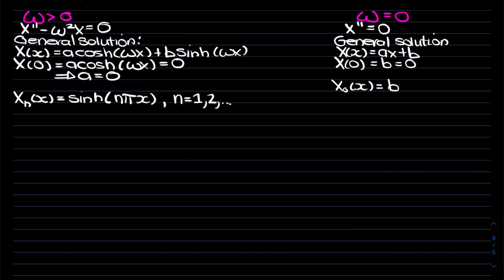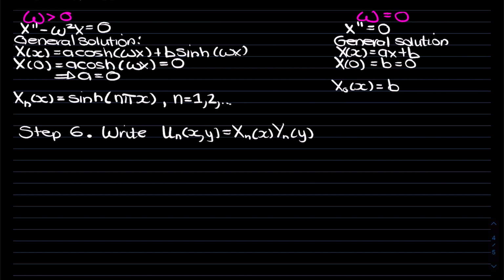Step 6 is we want to write u of n x y equals X of n x times Y of n y, and we also want to do that for the case when n equals 0, equals our X naught case of x and our Y n of y.